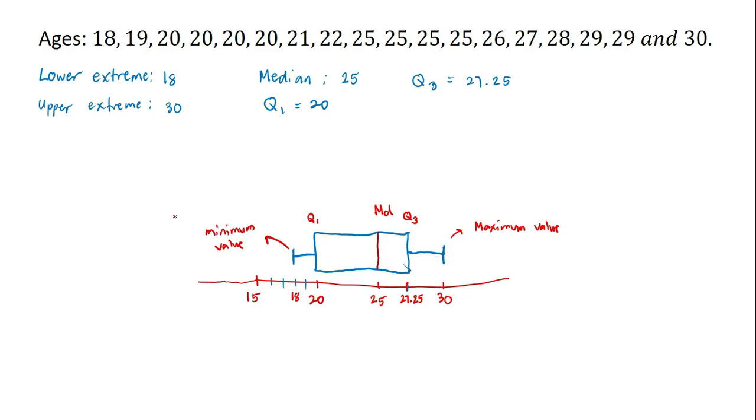Now, how do we interpret this box and whisker plot? So we have here in the next slide. Just examine first the box and whisker, and then we will try to compare which type of presentation is similar to this solution.